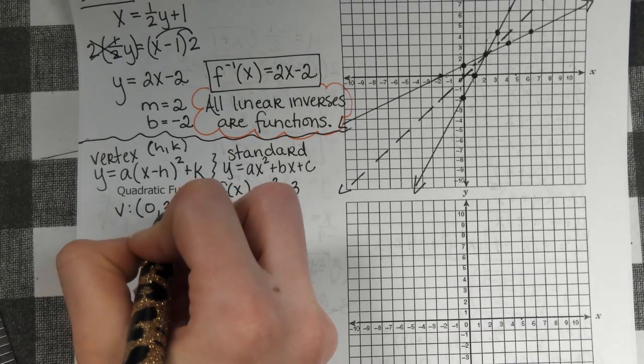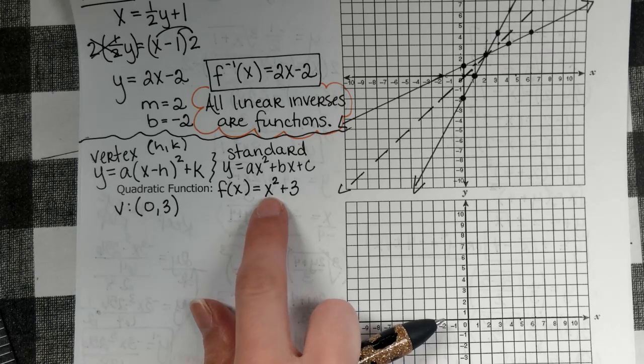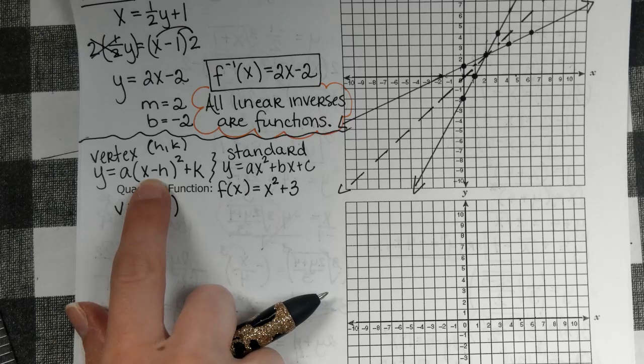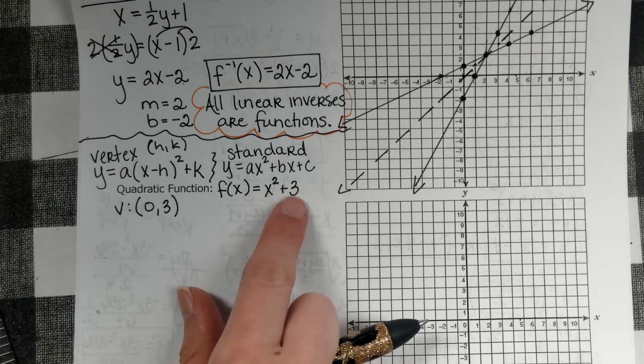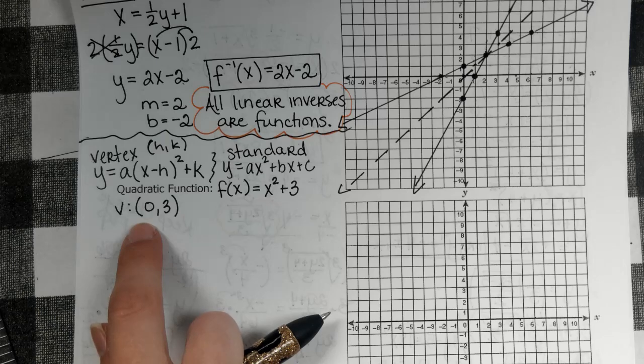The 3. I always lean to vertex form because I can look at that. If I have parentheses, whatever's in parentheses is the x value of the vertex. But remember, what do we have to do with that? Opposite signs. You have to be careful with that. And whatever is added or subtracted at the end is your y value of the vertex.